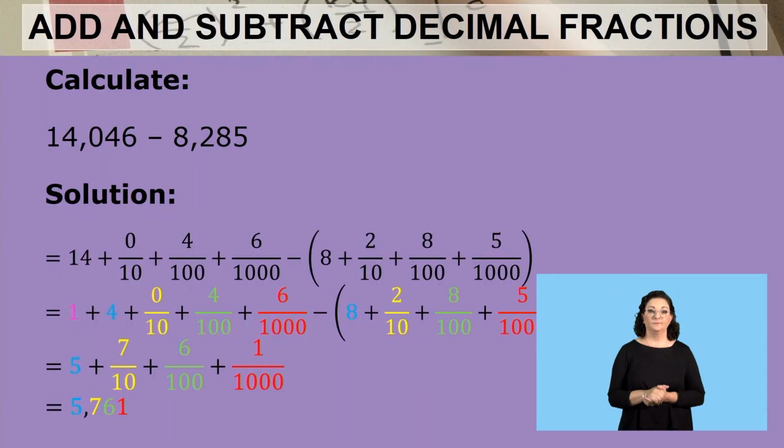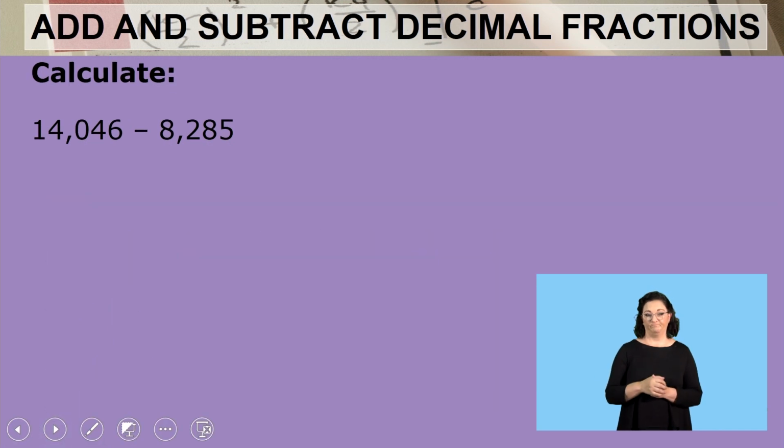And as you do that, you'll realize your answer would be 5.761. Make sense? You have 14.046 minus 8.285, which gives you 5.761. And we move to the next one.